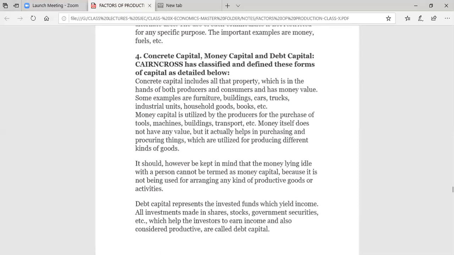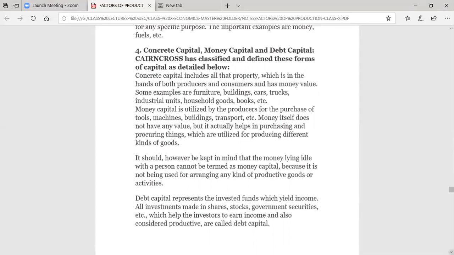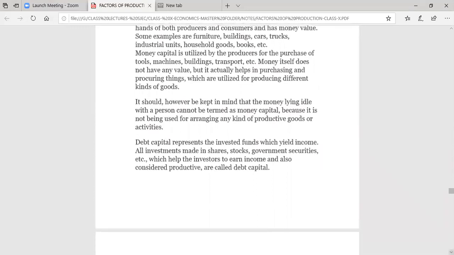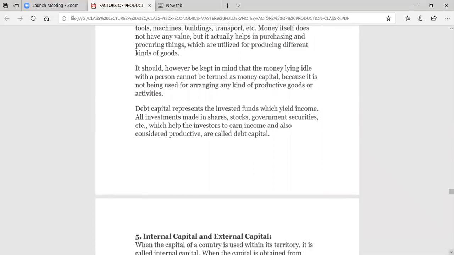Debt capital represents the invested funds which yield income. Suppose you have invested certain money in shares, stocks, fixed deposits and other things.